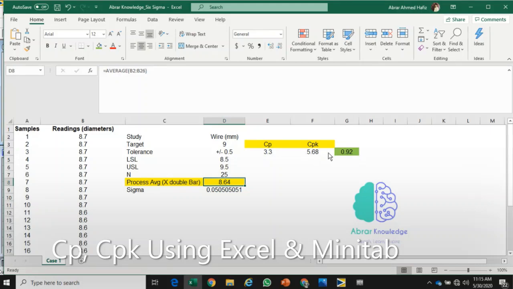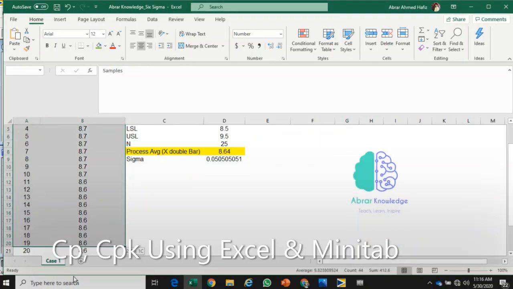I substituted both the values, and we need to consider the minimum value. So the minimum value is 0.92.